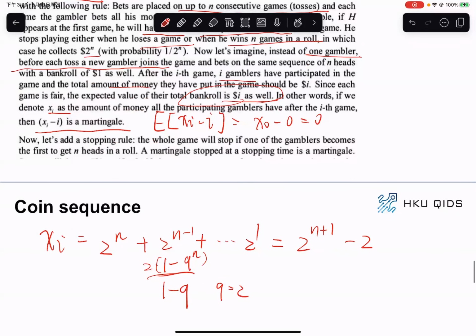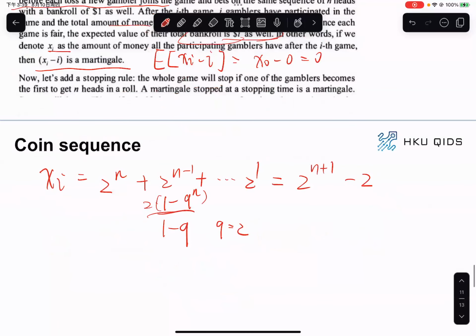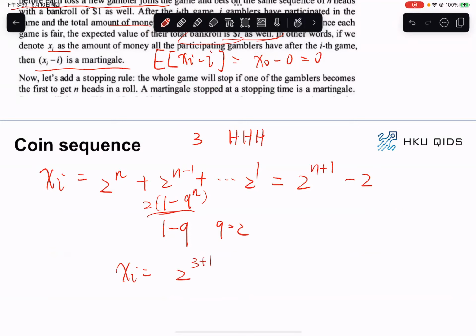And then once someone meets our equation, we can calculate the expected steps it is going to take. For example, if we want 3 heads, then we know Xi is just going to be 2^(3+1) minus 2, which is just 14.